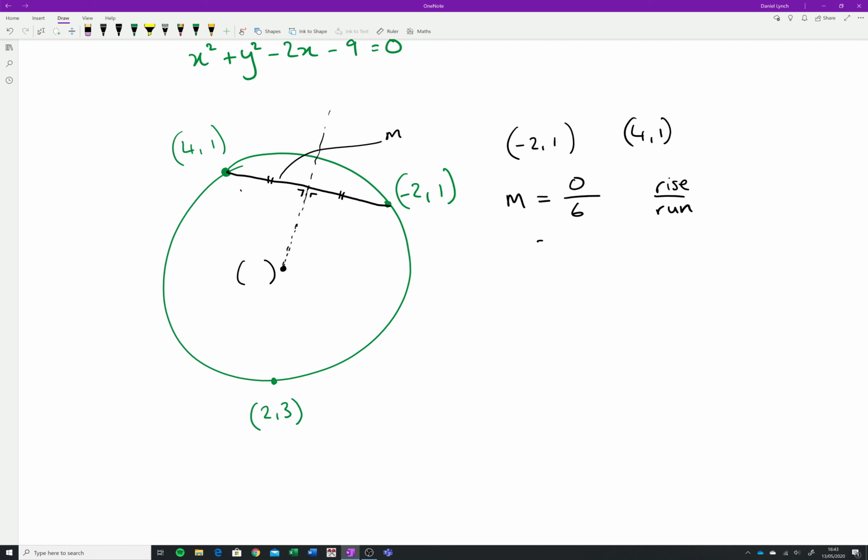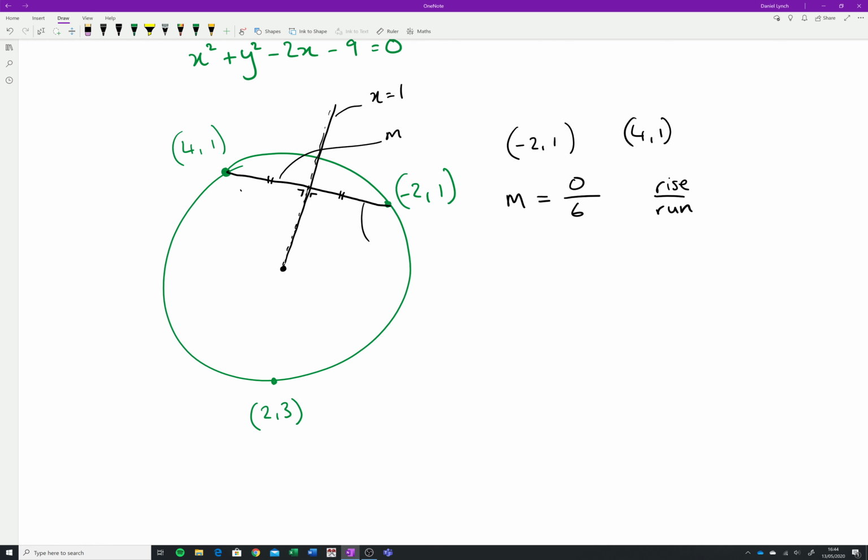So actually, what we were trying to get the whole time was the equation of this line here, and I told you that we got it. So let's just remember this equation going across here. What's staying the same for that one? It's y equals 1. And for this one here, it was x is equal to 1. We got the midpoint of it. So we now know what the equation of that line is.